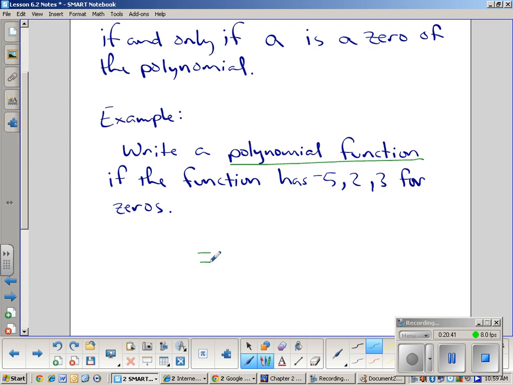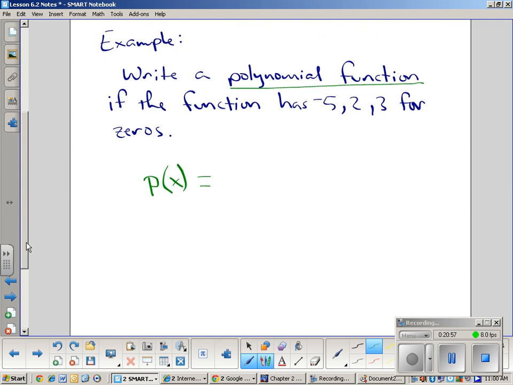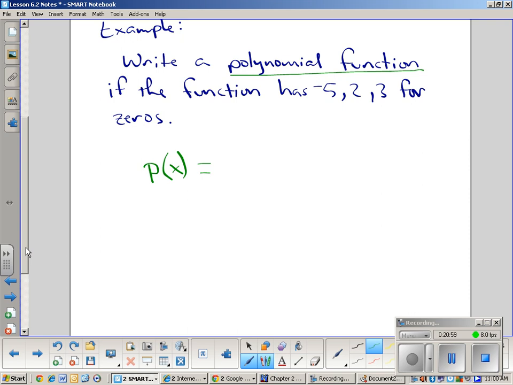It says f of x equals. Well, because we want a polynomial function, a lot of times they say p of x. It's not wrong if you wrote f of x. It's not wrong if you wrote y equals. Quite often, because it's a polynomial function we're looking for, we write it as p of x.